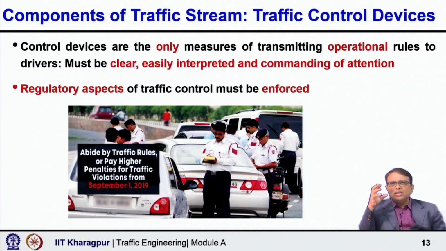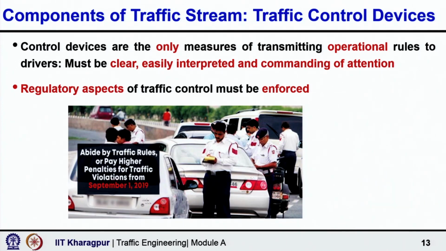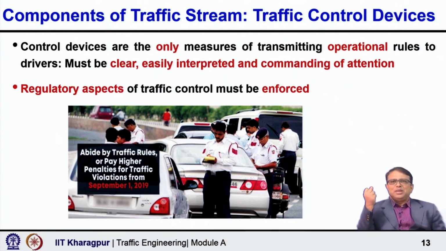You have a traffic light, but along with that there are so many lights of that kind, maybe because of advertisements. Then the traffic signal cannot really command, but it should command, right. So, it should be clear, easily interpreted and commanding in attention.